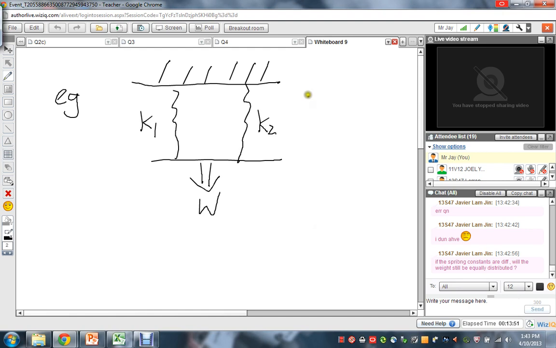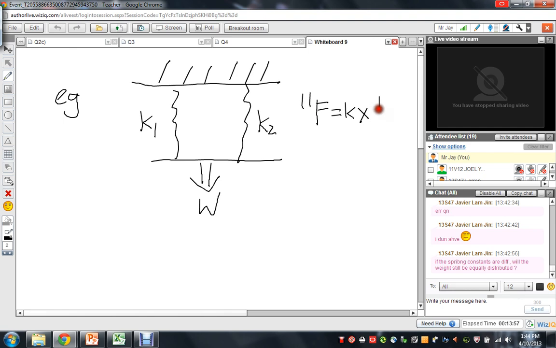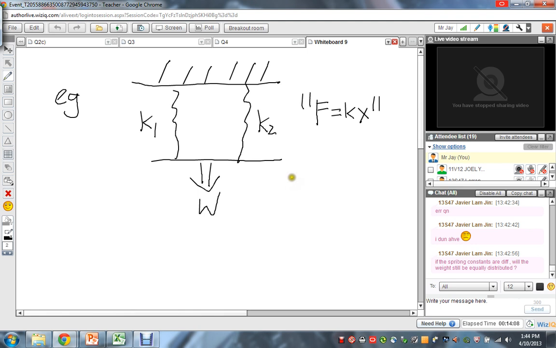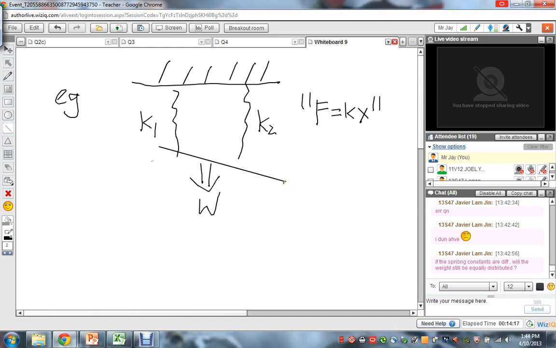What we know is true in all cases is that F equals Kx for an individual spring. When I put two springs in parallel like this, one thing must be sure: they must both extend by the same amount. Otherwise, you get a very skewed case that looks weird, but we know that doesn't happen in real life. So they must extend by the same amount.